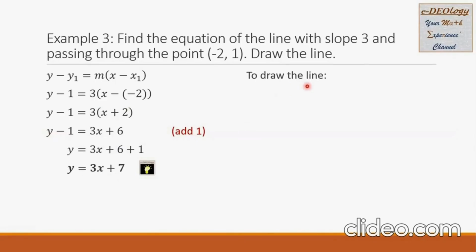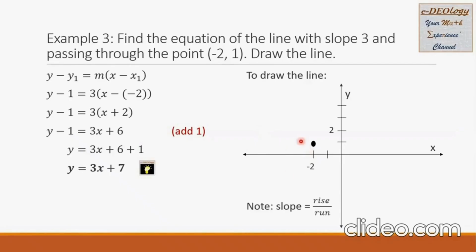Now to draw the line, first let us draw our x and y axis. Then let us locate the point given, (-2, 1). The point is now here. We know that the formula of the slope is equal to rise over run.